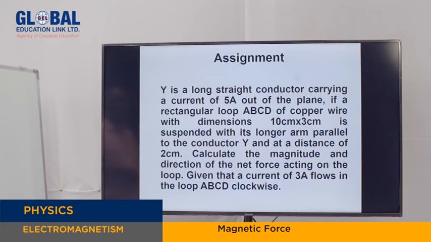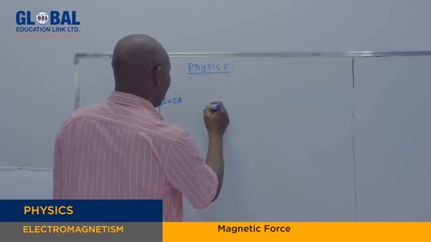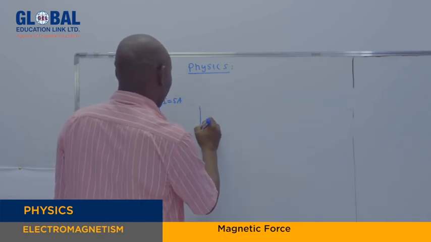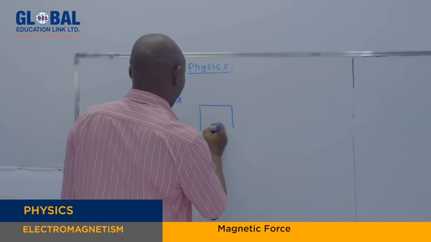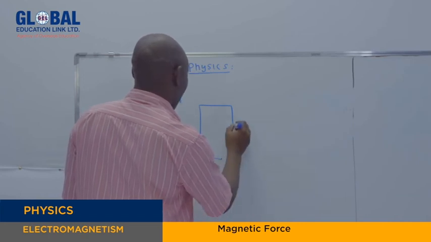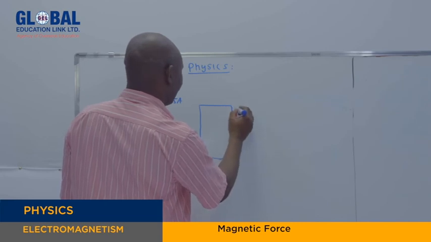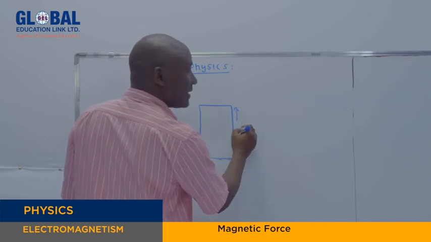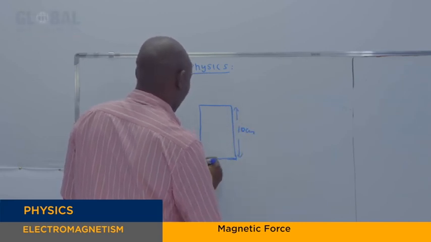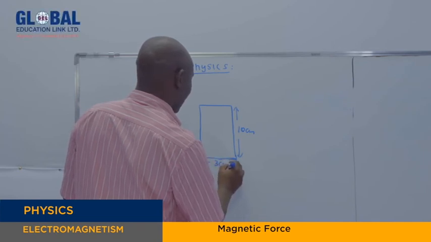And along this wire Y, you have a rectangular loop. It's given a rectangular loop which is closed here, and the dimension is given: the length here is given as 10, and this width is given as 3 centimeter.